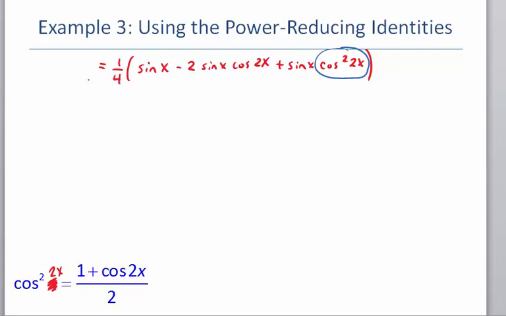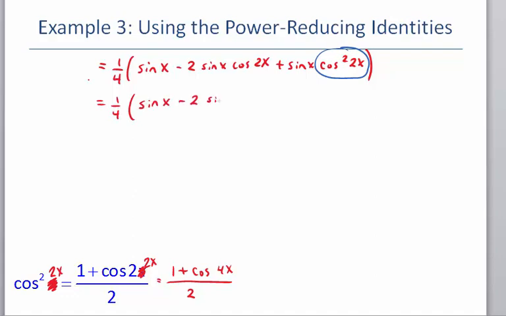And if I replace this x with a 2x, I also need to replace that x with a 2x. And so my formula becomes 1 plus cosine 2 times 2, which is 4x, over 2. Okay? And so we're going to plug that into our expression up here, finish up our simplifying, and hopefully at that point we'll be done.